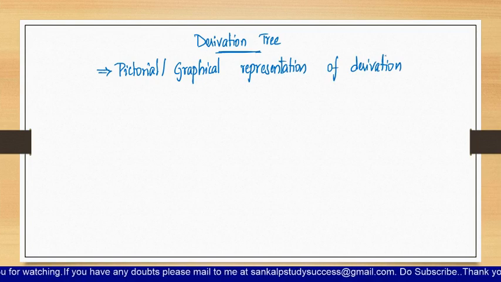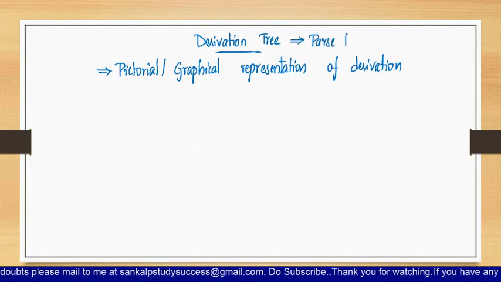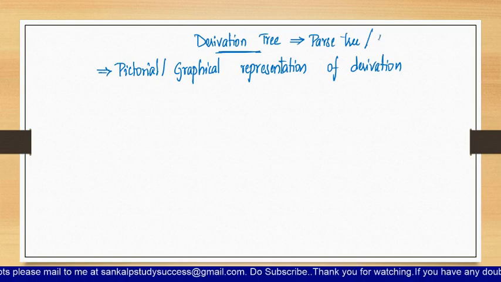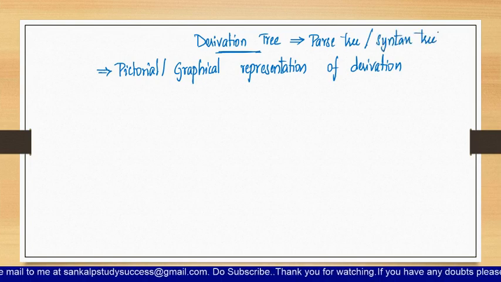From the name itself, if you see, it is nothing but a tree. A tree is the pictorial or graphical representation of the derivation, right? And this derivation tree is also known as parse tree, or also known as syntax tree. That means derivation tree, parse tree, syntax tree, all three are one and the same.